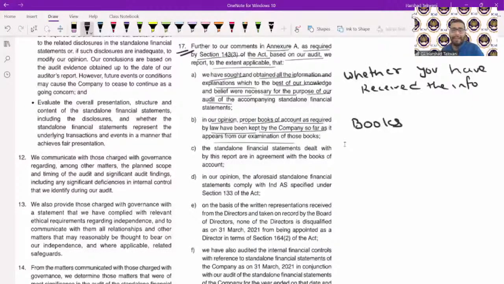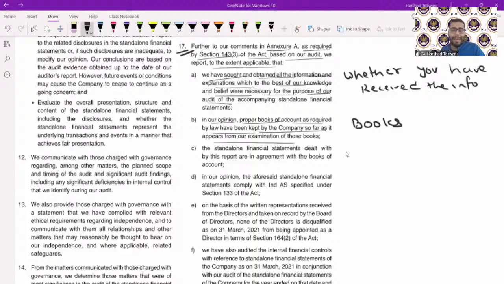Third point, whether the details have been received from the branch offices, and how he has dealt with these reports. So how you have dealt with the branch audit reports, if any is applicable. If not applicable, then it is fine. In this case, there is no branch audit, that's why it's not applicable over here.